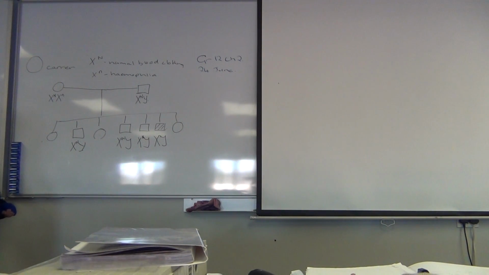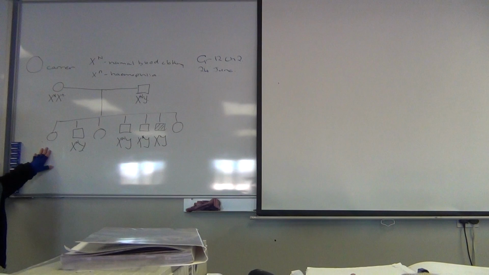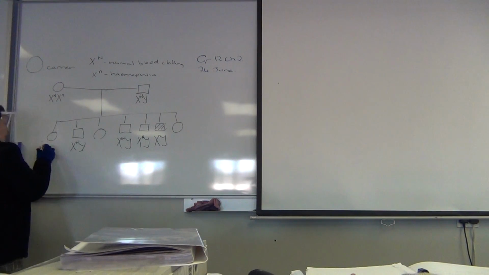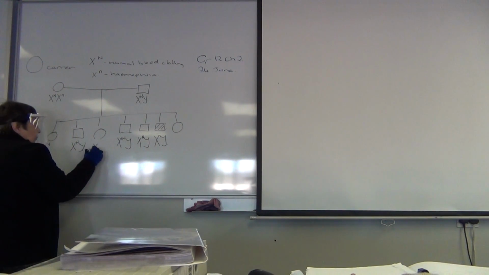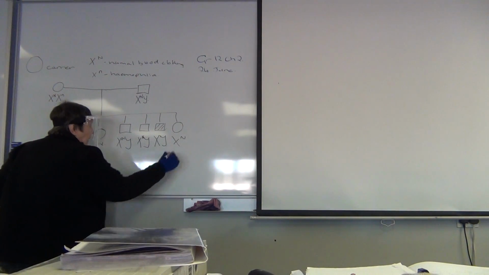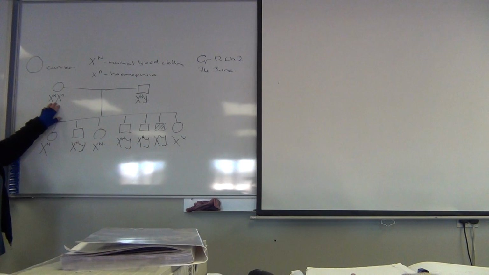Does that make sense? So you know the males here. The females, you know from that father, must have got X big N. What you're not certain of is from the mother, did they get X big N or did they get X little n?